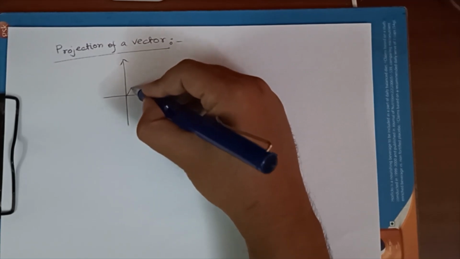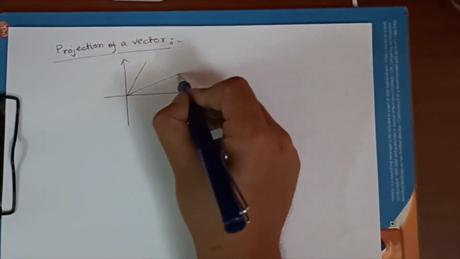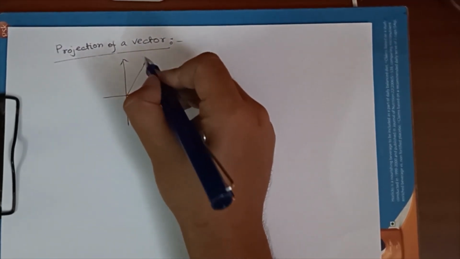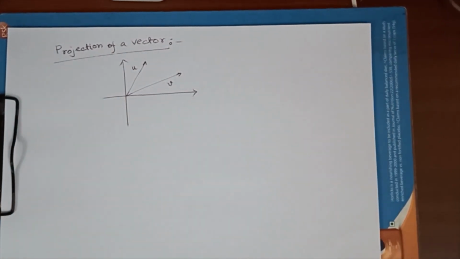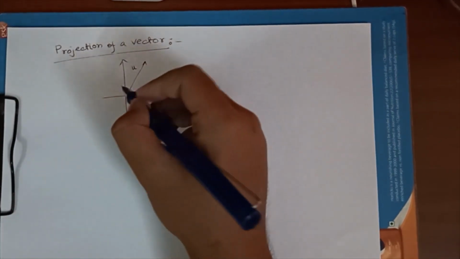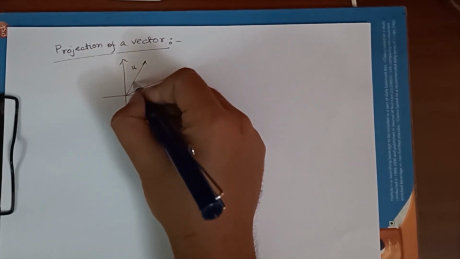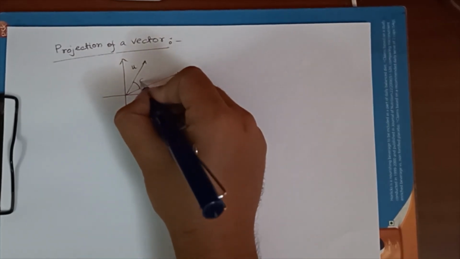So suppose you have two vectors, say u and v, and I ask you about the geometry between u and v, and suppose the angle between u and v is, say, phi.